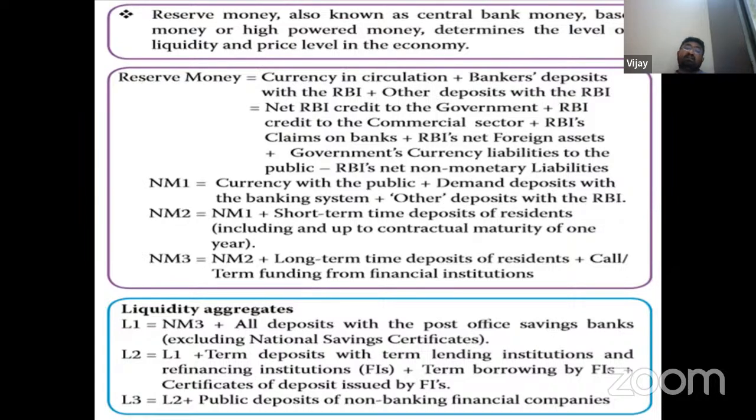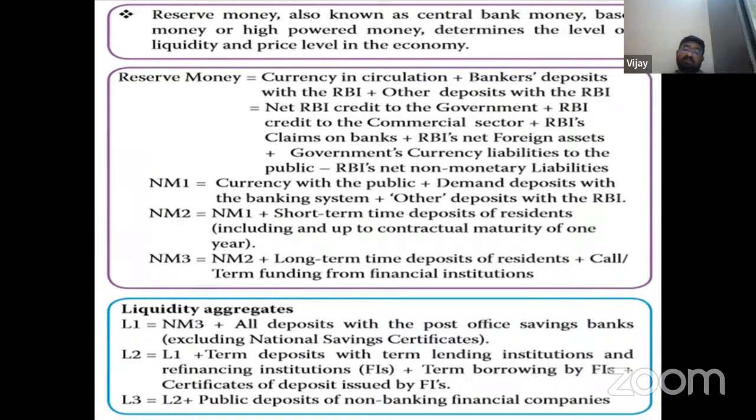Then NM1 plus short-term time deposits maturing within a year will be included in NM2. Long-term time deposits will form part of NM3. In addition to that, there are post office saving deposits, which we call the liquidity aggregate.